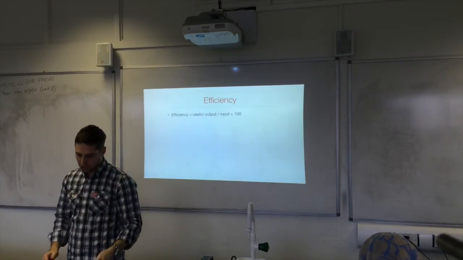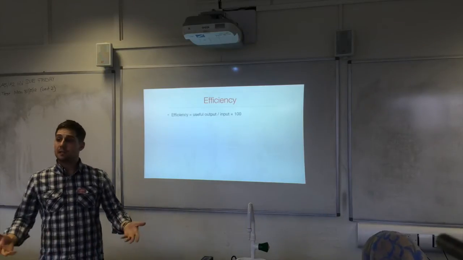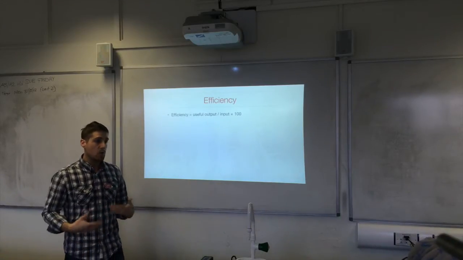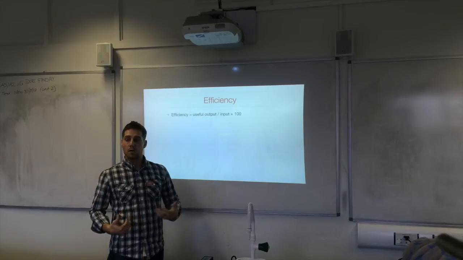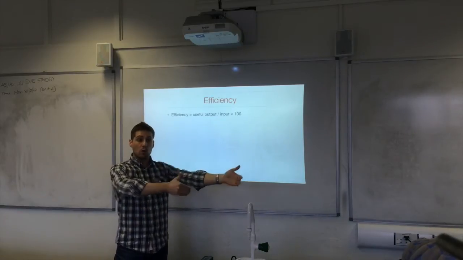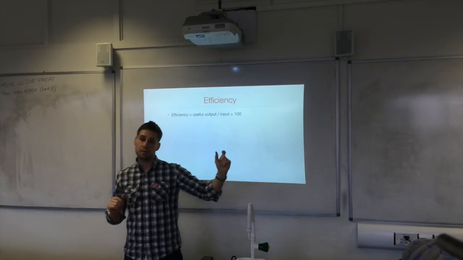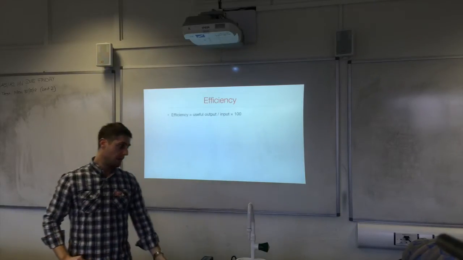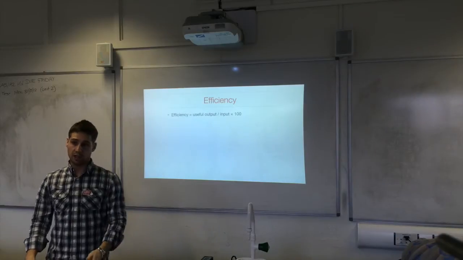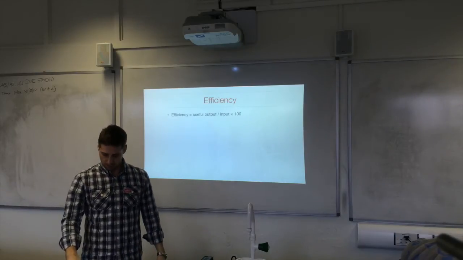So it's a percentage, and the higher the percentage, the more efficient, and what we mean by that is we've got more of the energy that we want coming out of that process and the smallest amount of waste energy as possible. Most common waste energy is heat, as I'm sure you're well aware.